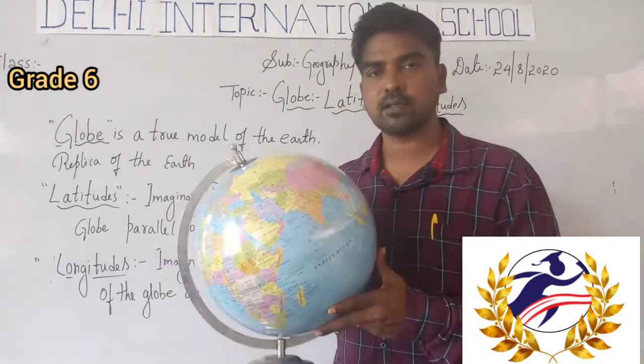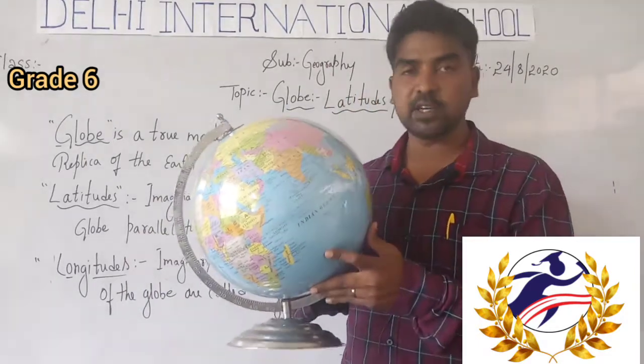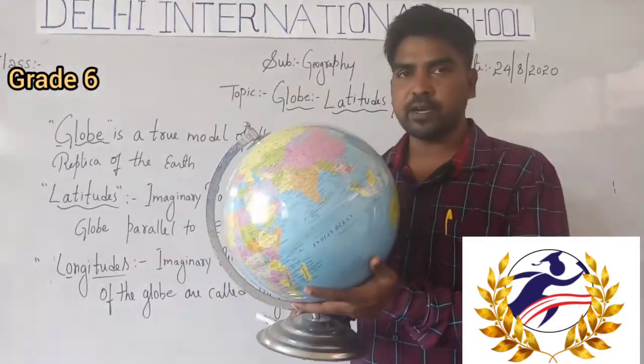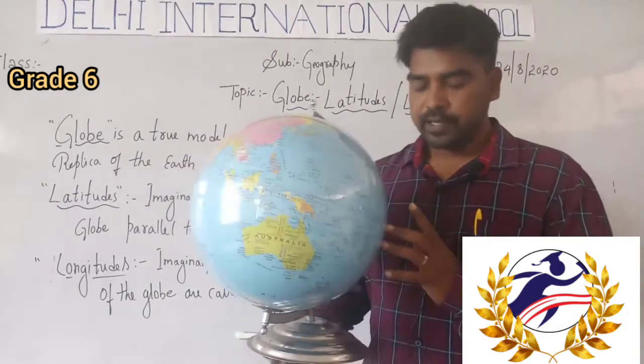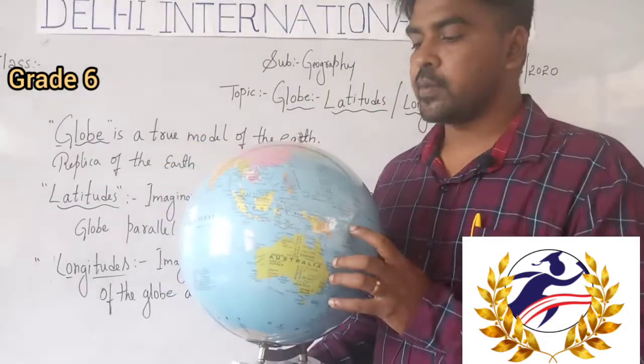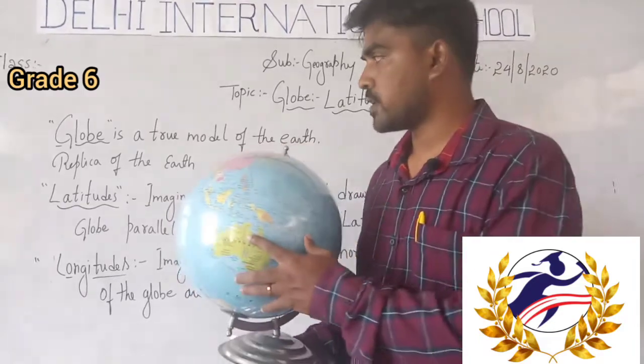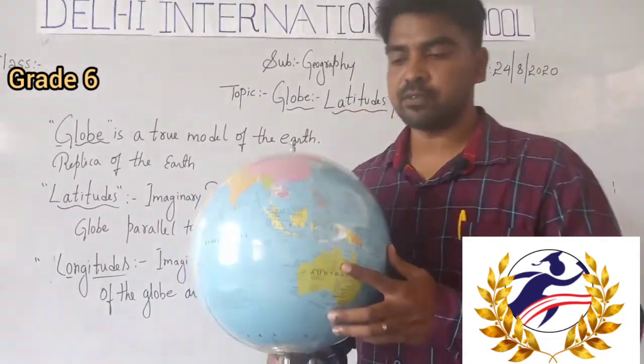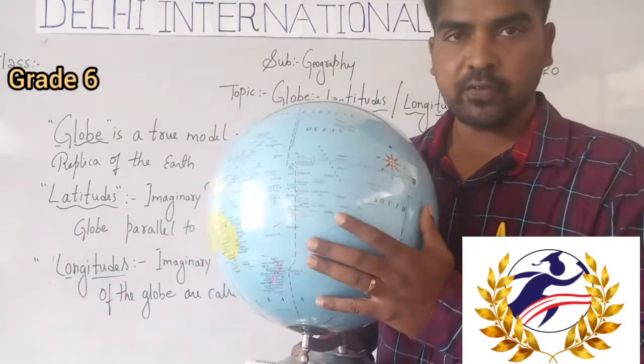So, this is the model of the earth. This is the globe, the model of the earth, and we can see the imaginary lines like latitudes and the longitudes. Just observe carefully.